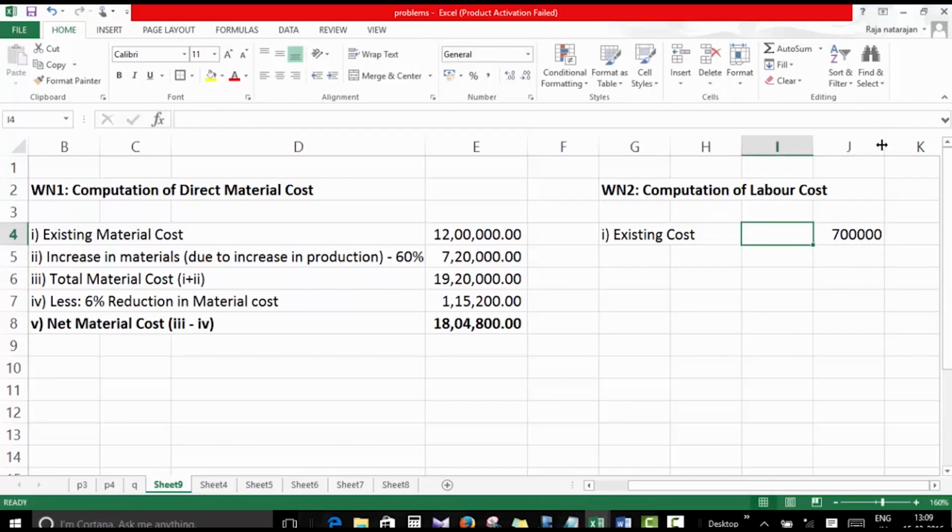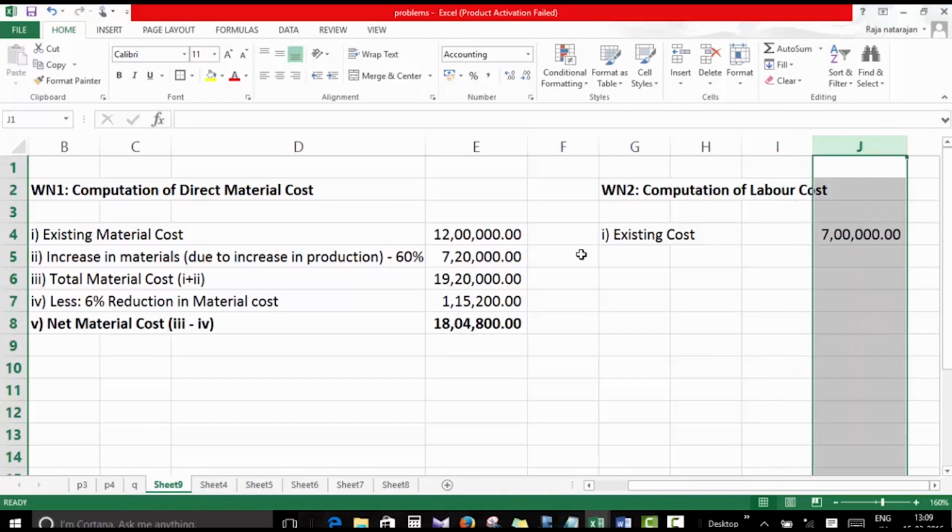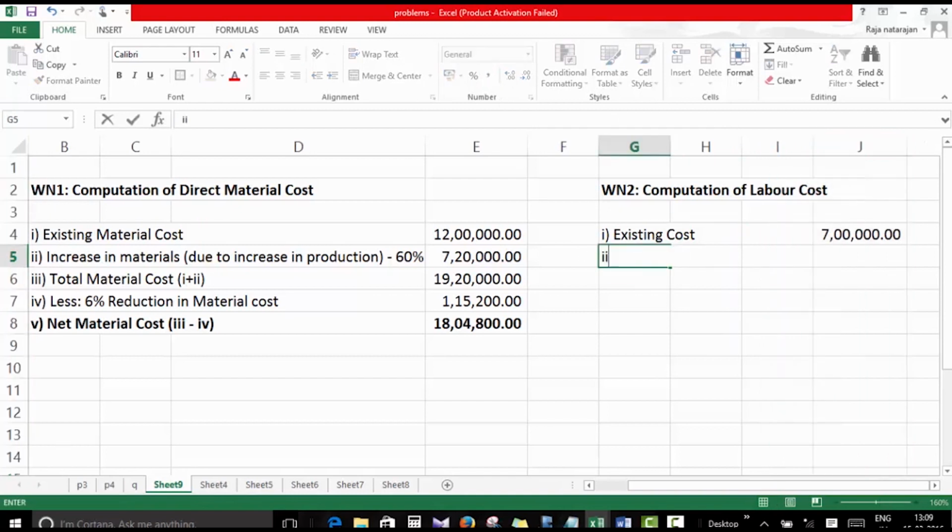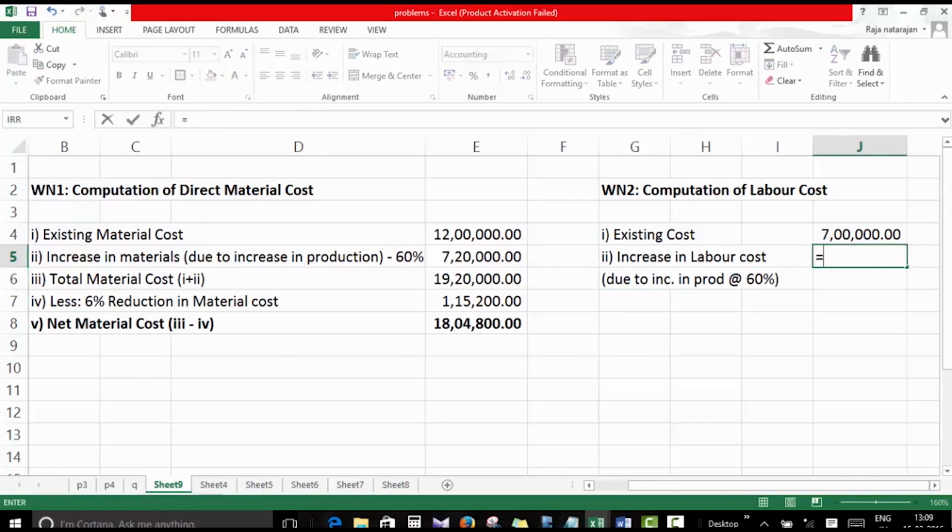And what is going to be the increase because of increase in production? 60%, right? So increase in labor cost due to increase in production at 60%. So it will be 7 lakh into 60 percentage. So that is 4 lakh 20,000.